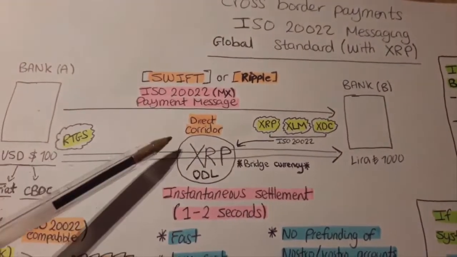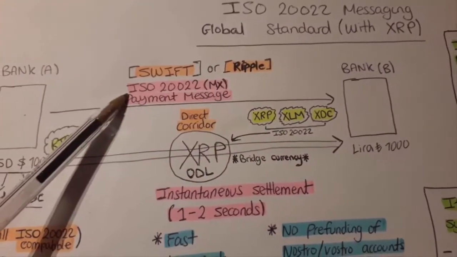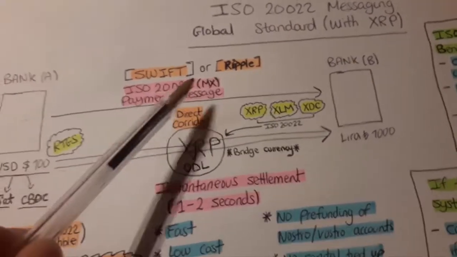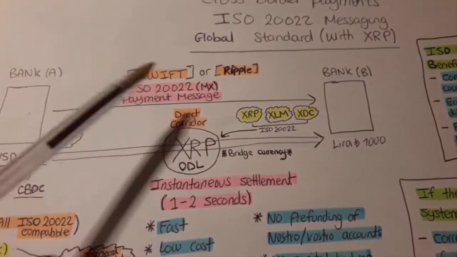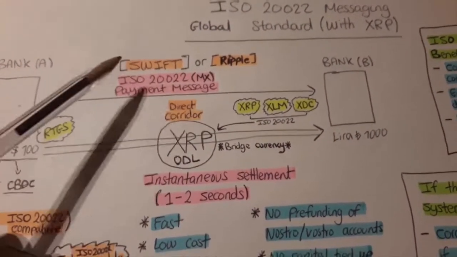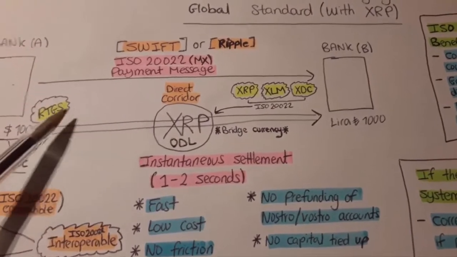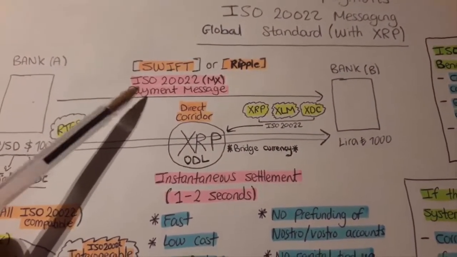Whereas if you're not using the Ripple RTGS and you're just doing it via another RTGS, such as CHAPS, or in America FedWire, for example, you're going to have the liquidity tied up in the correspondent banks along the way, and it has to be there in order for the accounts to be credited and debited. So that's the benefit of using the XRP RTGS system with the ISO 20022 messaging standard.